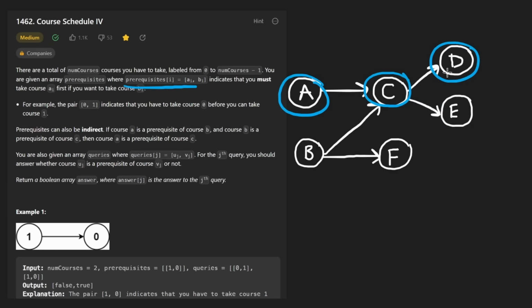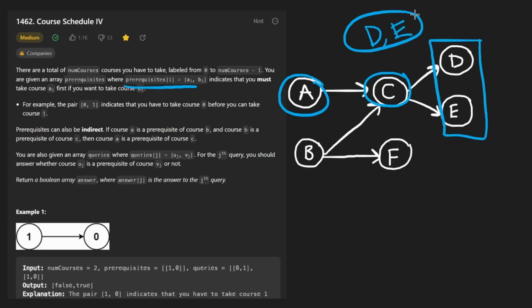But what we're going to end up returning from these two nodes up to the parent, from D to C, is what all the nodes here are. We're going to return just the node D up to C. And then from E, we're going to return just itself up to our parent. And then C is going to say all of my descendants are these two nodes, D and E. So these are the indirect prerequisites of C. Well, in our case, they are direct prerequisites, but we want all of the prerequisites, direct and indirect.